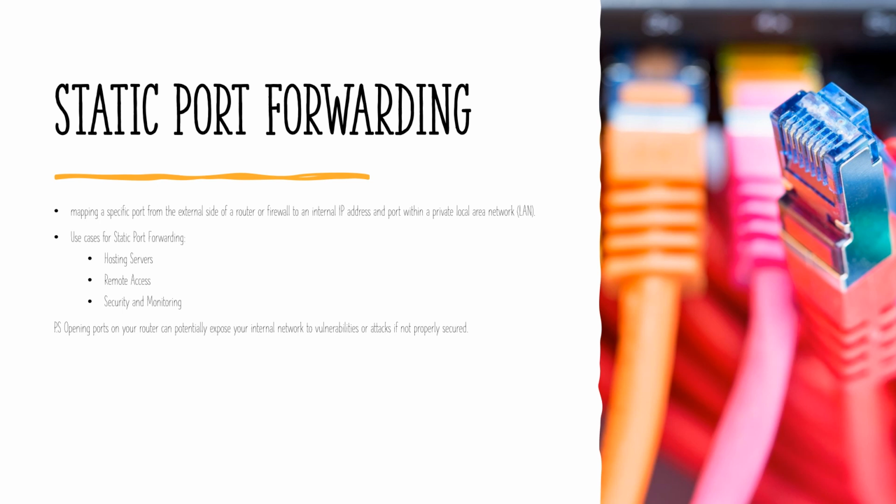By setting up static port forwarding on the router, you can tell it to forward any traffic that comes on a specific external port, say port 8080, directly to port 80 on your web server's internal IP address. This way, anyone trying to access your server from outside your LAN can reach it by using your router's external IP address and the forwarded port number.